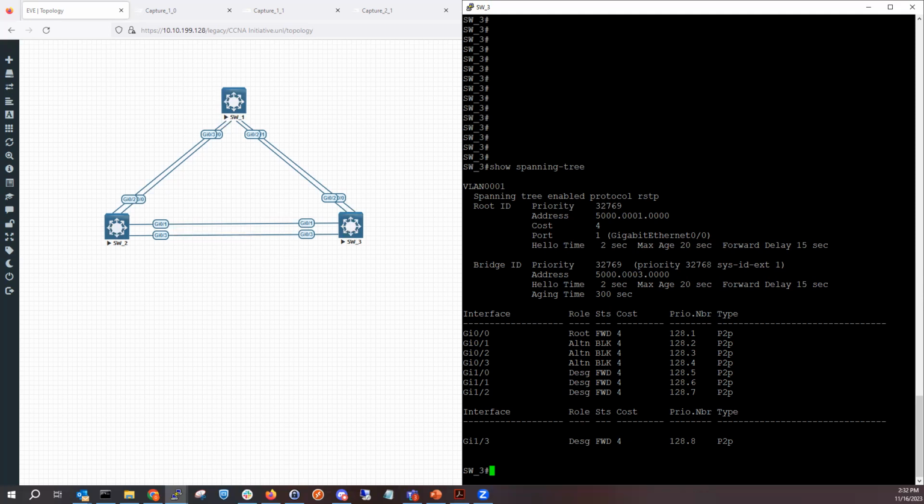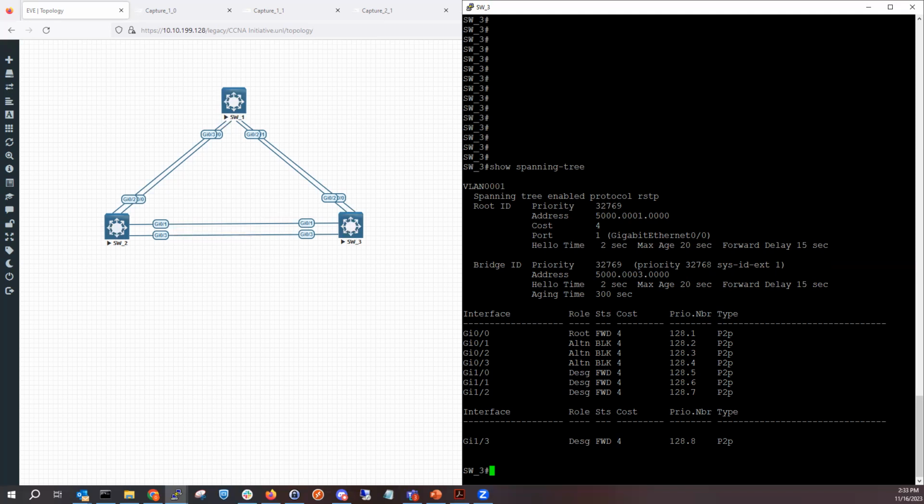Well, if you look back at the election process of choosing the root port, you'll see that it didn't change. It's the same in STP as it is in RSTP. First we look at the cost.